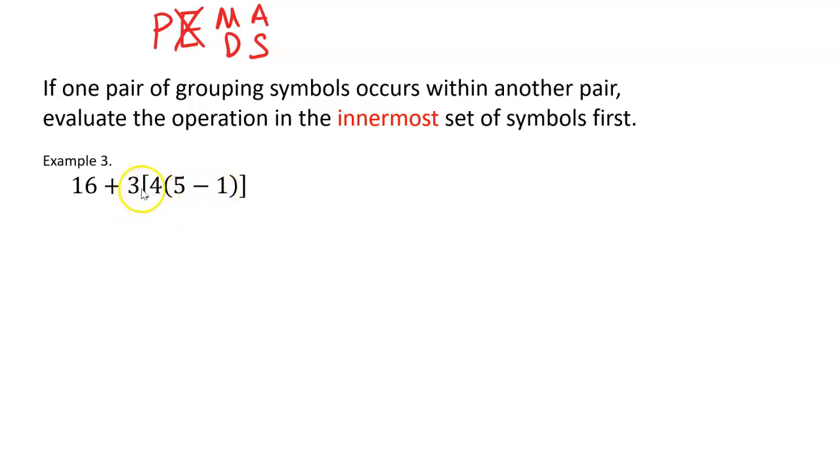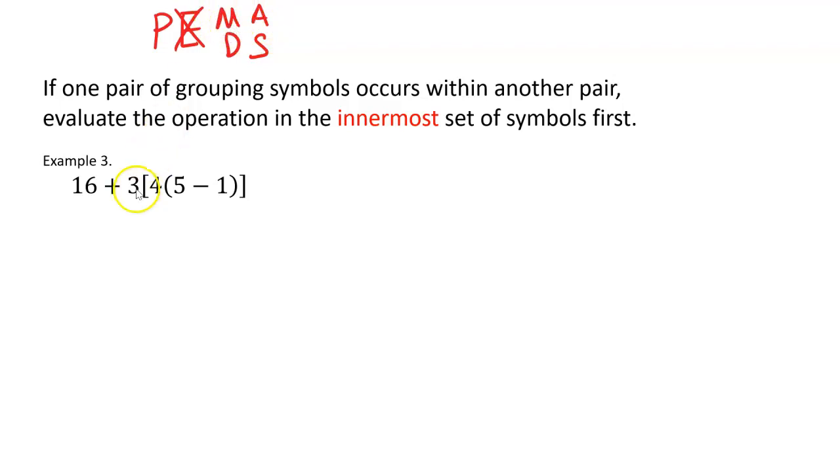If you think about the problem, we have to do multiplication before this addition. So we cannot add 16 and 3, because that's a plus, and addition goes after multiplication.